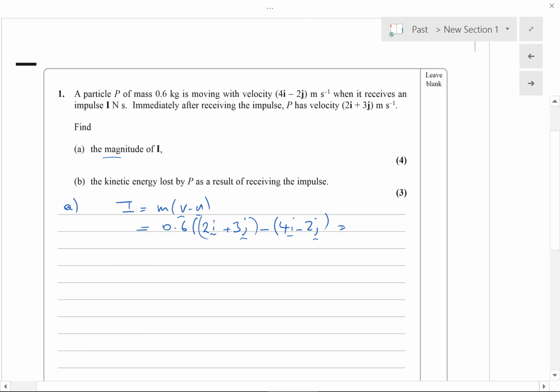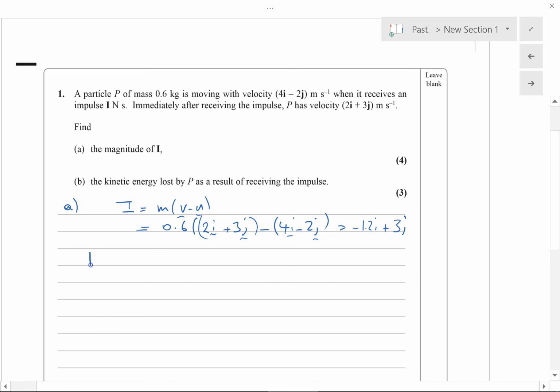Work that out and we get minus 1.2i plus 3j. Don't forget we want the magnitude of the impulse, so we can't leave it like that.